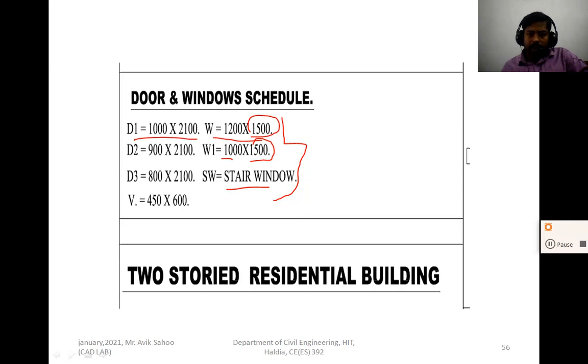Then the stair window, SW means the stair window. D3 is 800 into 2.1 meter, the door height is 2.1 meter and width is 800 mm. Door width is 900, and D1 door width is 1 meter and height is 2.1 meter. And verandah size 450 width and 600 height, I mean the length and width.